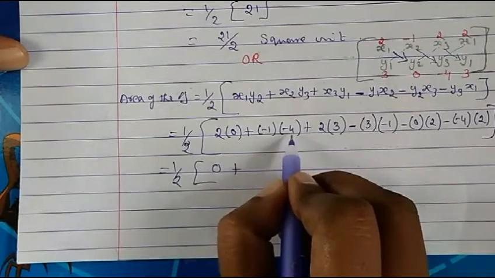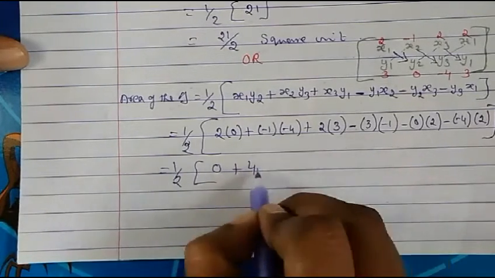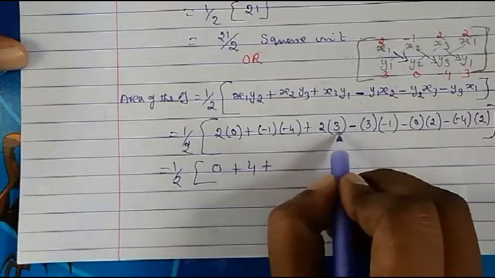Now simplify this. 2 into 0 will give us 0.